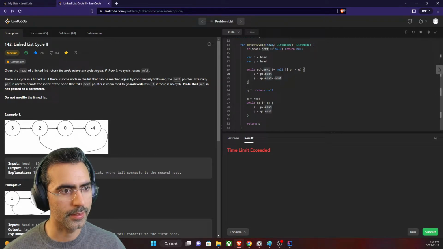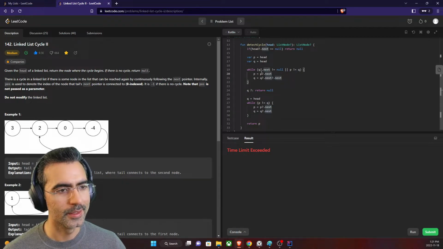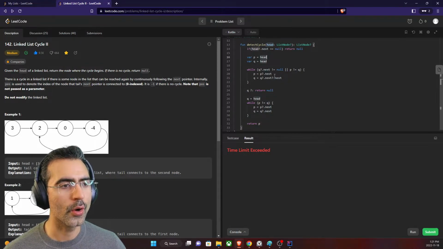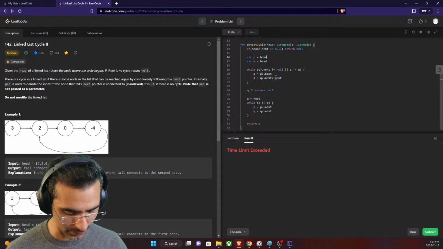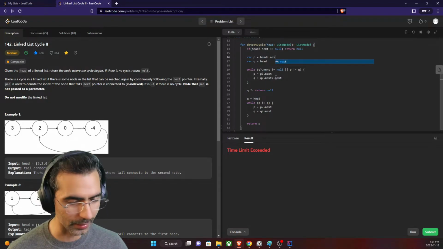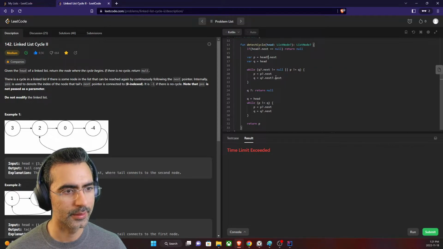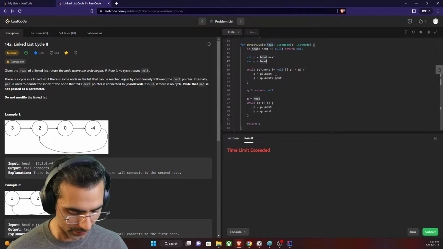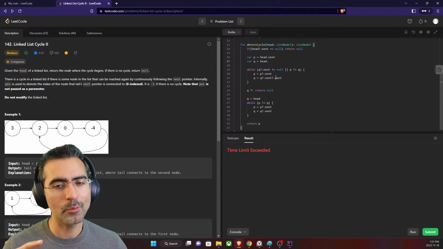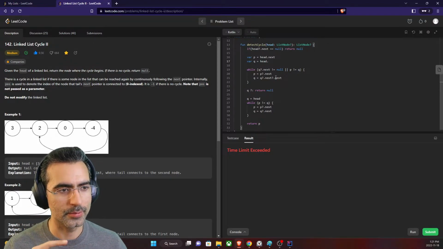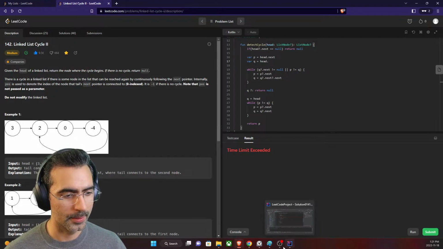So we're starting from here. We're checking if the head and its next element are null. Oh, okay. So we need to manually do this step. So P should be head next, and so this would be one more step after the initial step. So let me draw it here.